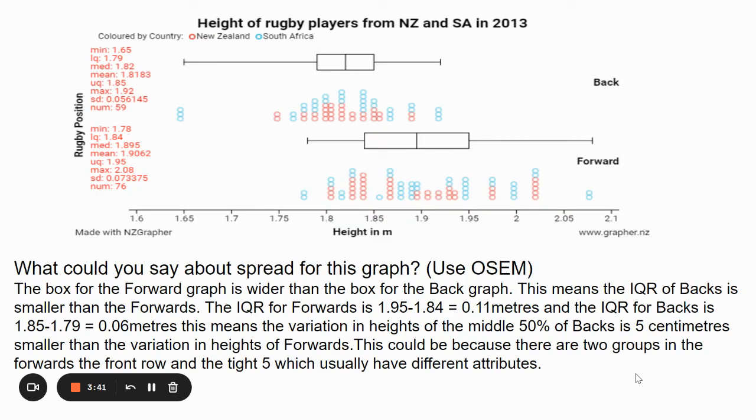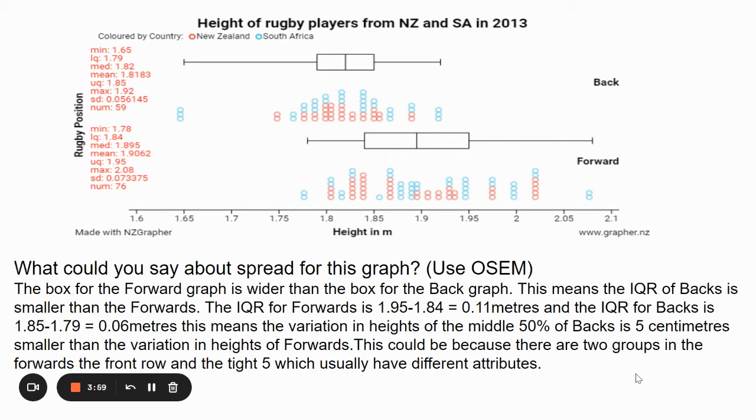So in my example here of heights of rugby players, you can see that the forward box is a lot wider than the back box. So the box of the forward graph is wider than the box of the back graph. This means the interquartile ranges of the backs is smaller than that of the forwards.